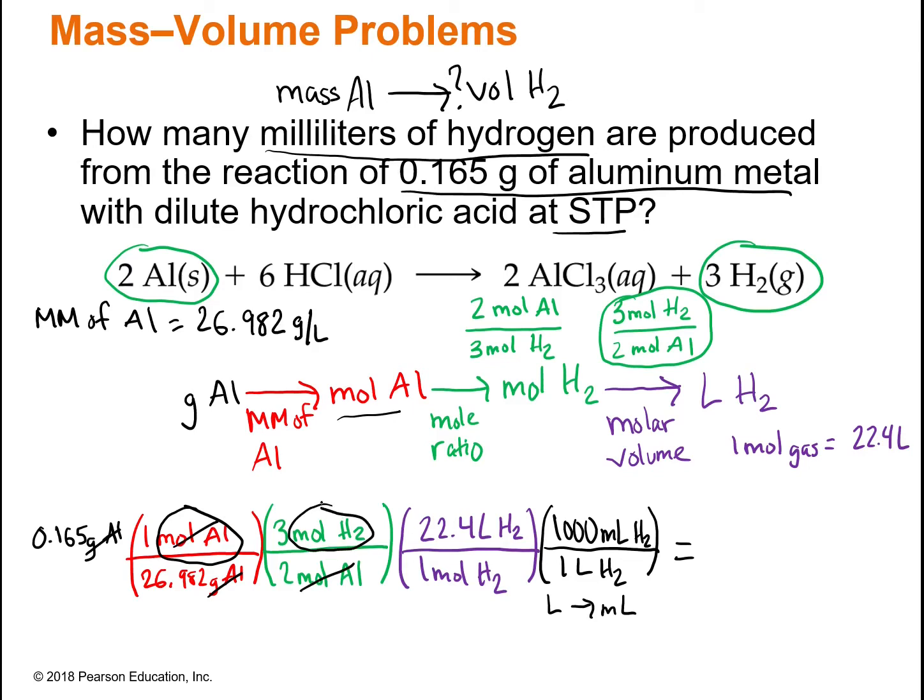And when we do our math, that's what we're left with, moles of hydrogen gas. The next part is molar volume. We cancel out the moles and we have liters. And then for this question only, we're getting rid of the liters and answering in milliliters. When you do all of that, you should get 205 milliliters of hydrogen gas.